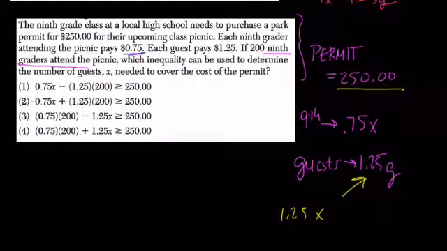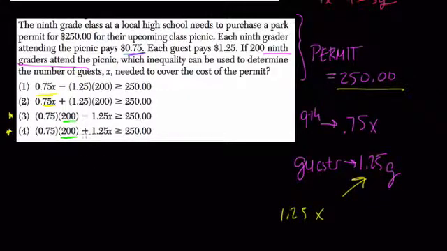So here, I would actually use either choice 3 or 4 because we're looking to see now how many ninth graders need to attend. We're not looking for 0.75x. That would tell us how many ninth graders are attending. In fact, we're told how many ninth graders are attending, which is 200. So both choices here, they take 200 and multiply by 0.75 because they want to know how much money they've already made and how much is left, right?